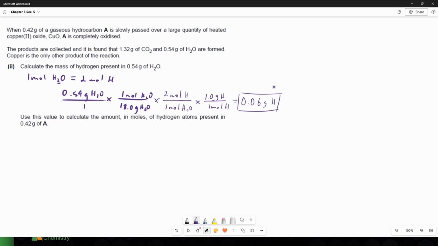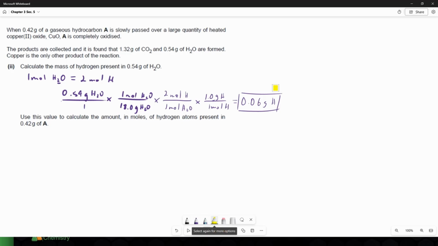Now here, the next part says, use this value to calculate the amount in moles of hydrogen atoms present in 0.42 grams of A. Now we could have stopped here, right? Because for what they're asking us to do here, we actually need moles of hydrogen, not grams of hydrogen.